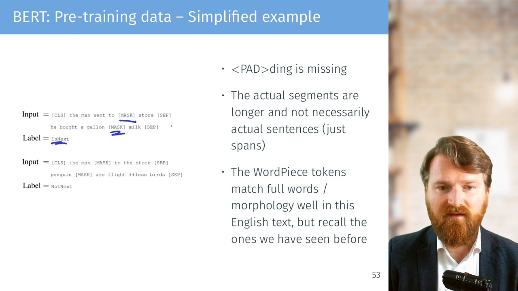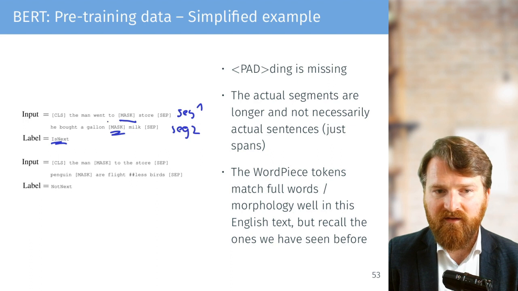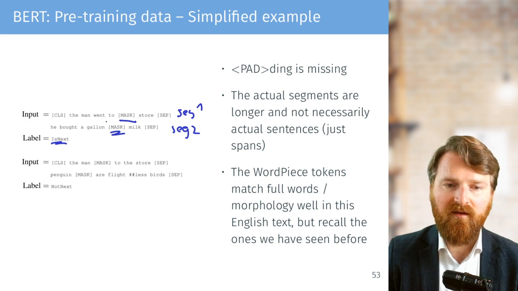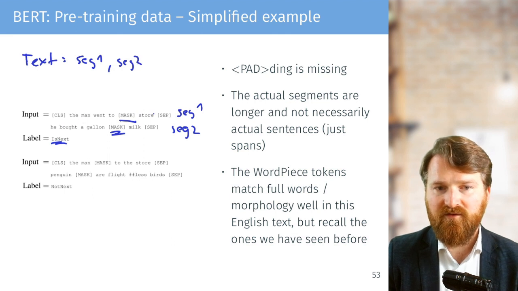So this is segment 1 and segment 2, and most likely these two were occurring in the text as they are. So if we had an input text, we would have segment 1 and then segment 2. So this logically makes sense.